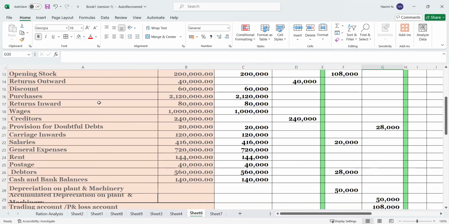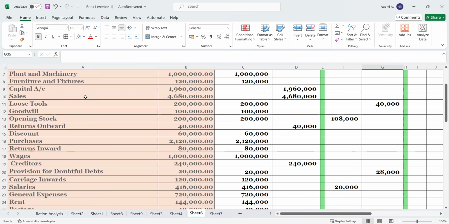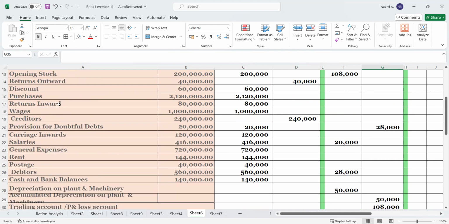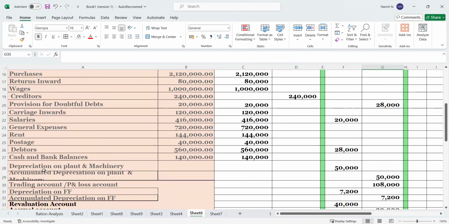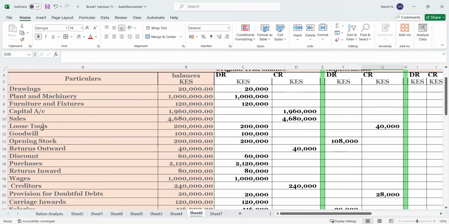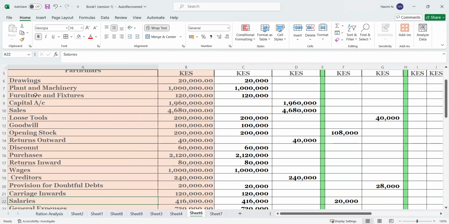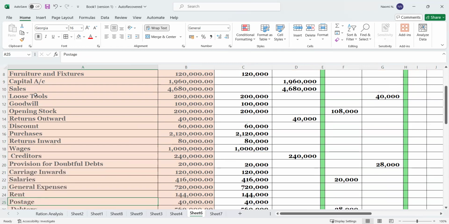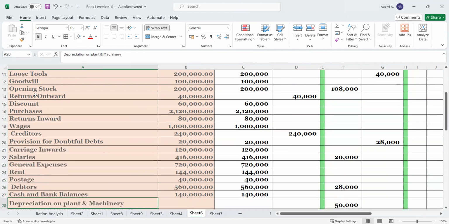On the prepayment, it is affecting our insurance. Let's see whether we have an insurance account here. Okay, let's go through it slowly. Rent.